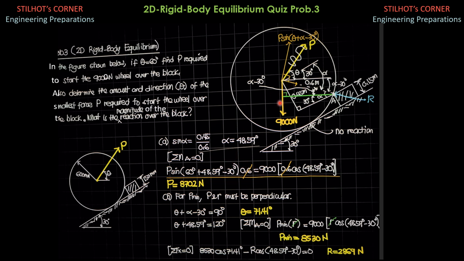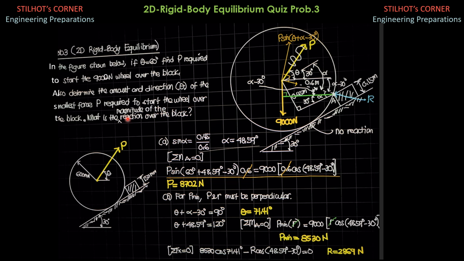It equals the moment of the weight, 9,000 times the length of this green line, which is the radius of the wheel times cosine of alpha minus 30, so 0.6 cosine of alpha minus 30 degrees. That's the moment arm of the weight of the wheel. Cancel out the radius. So we can now solve for P. P is 8,702 newtons.